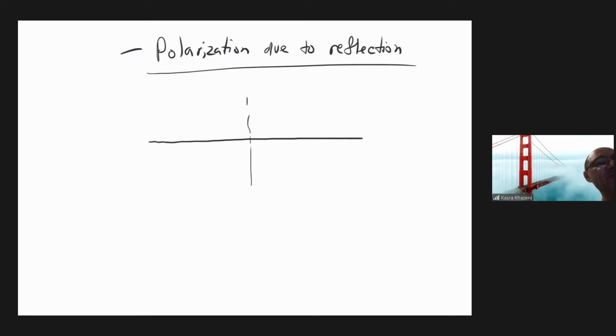So far we know how a beam of light reacts. It goes in the surface between N1 and N2 indices, and if N1 happens to be less than N2, it bends this way, and we have a relationship between the indices.